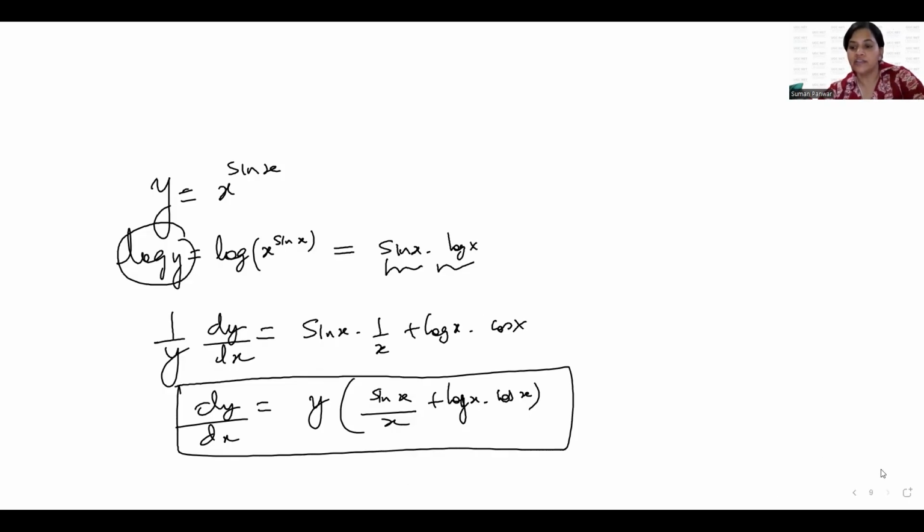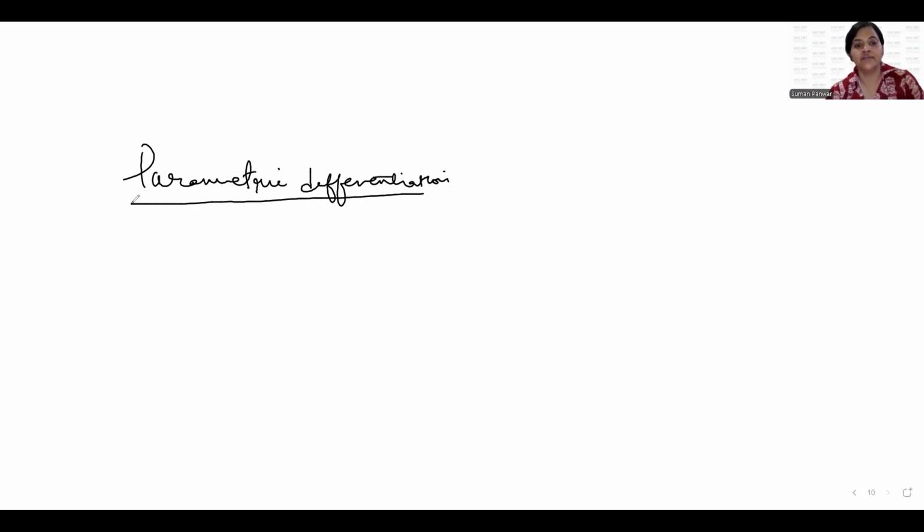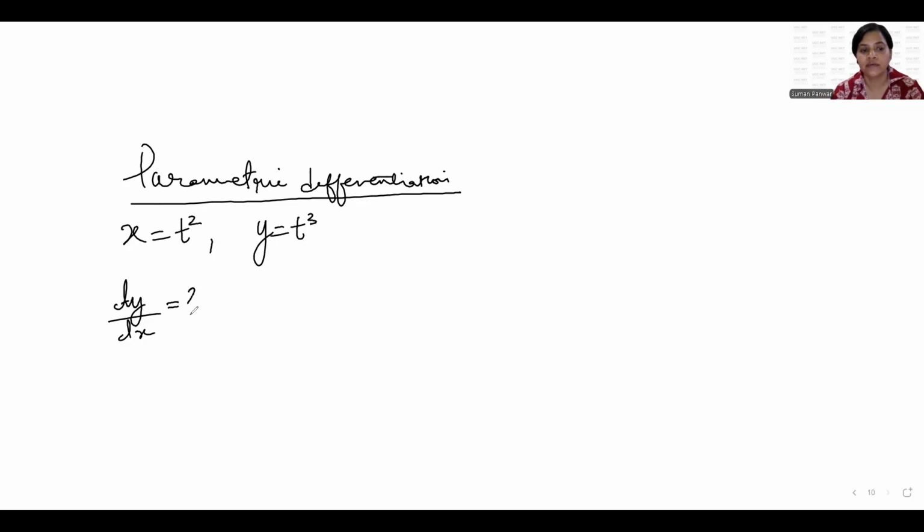Now the next type of differentiation is parametric differentiation. What is parametric differentiation? In parametric differentiation, the variables y and x will be given in terms of a third variable. For example, if x is equal to t square, y is equal to t cube, how will you calculate dy by dx?